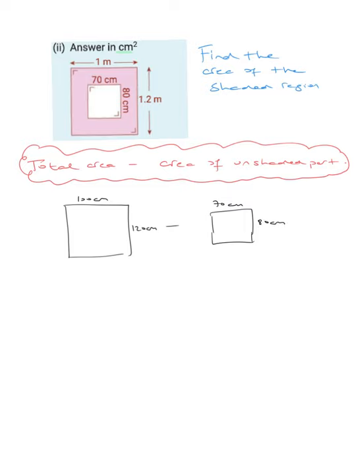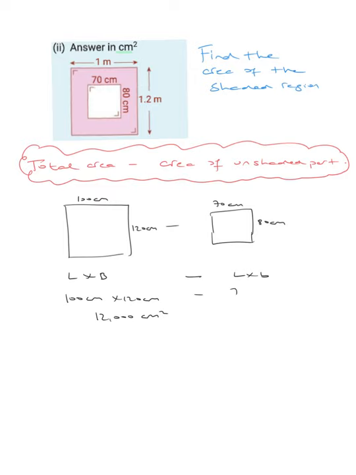So the area of the total shape is going to be length by breadth, which is 100 centimetres by 120 centimetres, which will give me 12,000 centimetres squared, minus the area of the unshaded part, which is a rectangle, which is length by breadth.